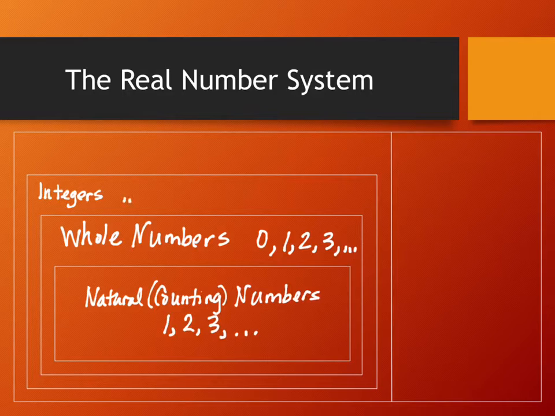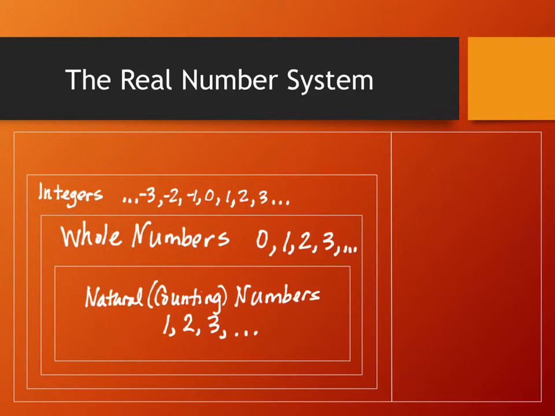So from the left-hand side, you've got -3, -2, -1, and then you start in with the whole numbers and the positive numbers 0, 1, 2, 3, and so on. So everything is still a whole type number, right? No fractions, no decimals, none of that yet.